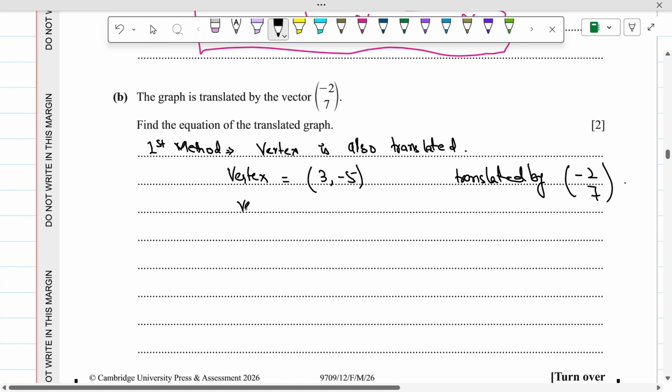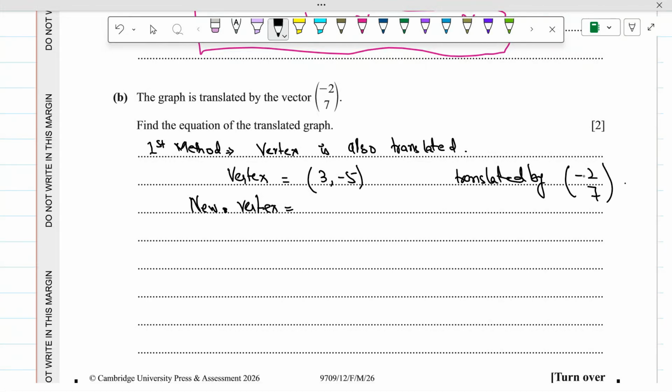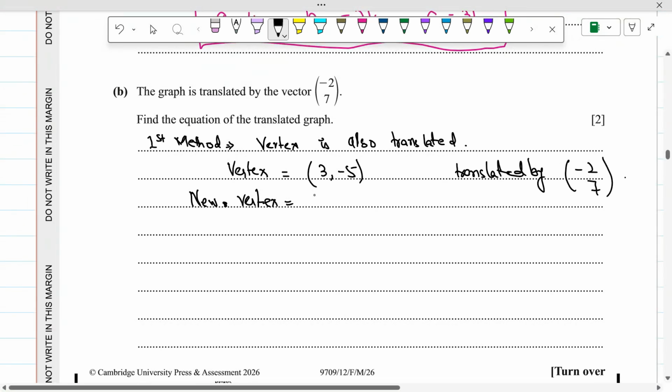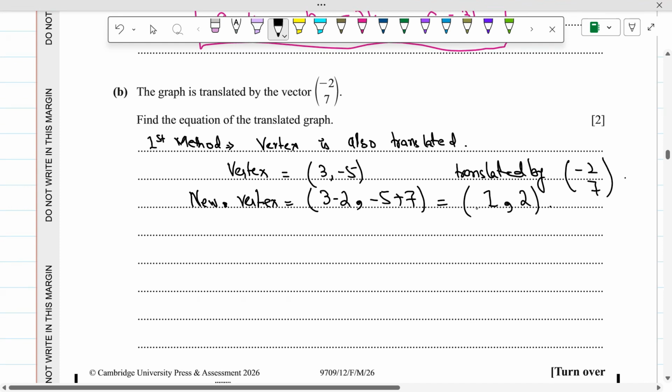So the new vertex will be: it has been translated 2 units in the negative x direction, so 3 minus 2 is the x coordinate, and 7 in the y direction, so negative 5 plus 7. So this one equals (1, 2). So we have the new vertex, which is (1, 2).